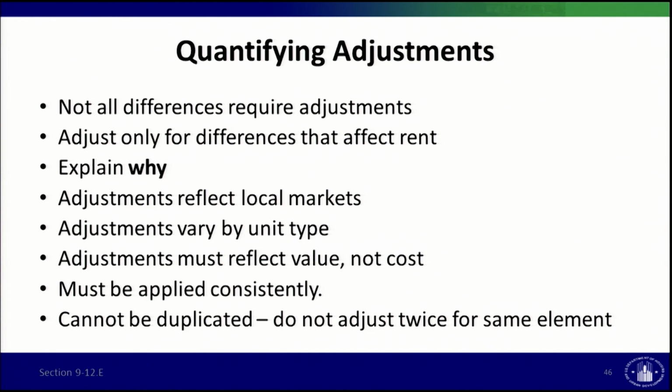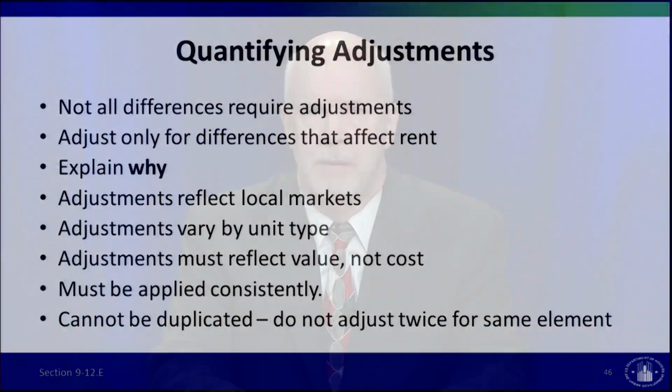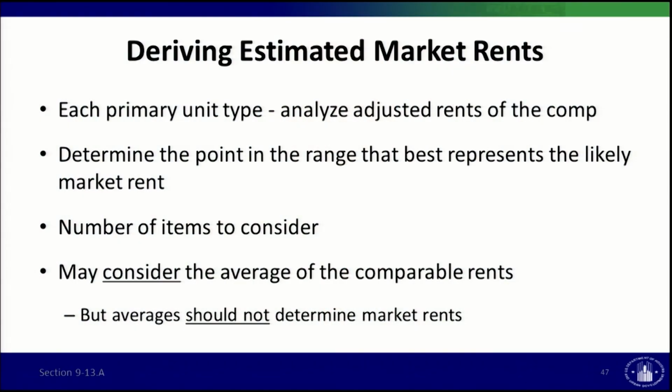Now that we've addressed adjustments, let's move to our next topic, deriving estimated market rents. In this section, you, the appraiser, must use your judgment to determine the estimated market rent and derive the secondary unit market rent. In order to derive the estimated market rent, you need to analyze the adjusted rents of the comparables and determine where in the range of adjusted rents the subject would fall.